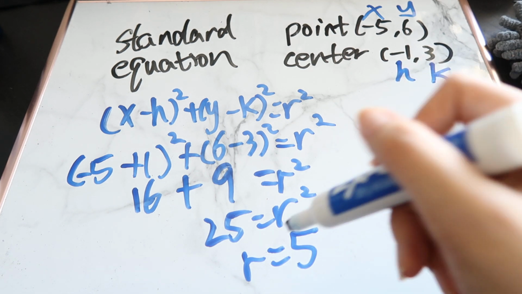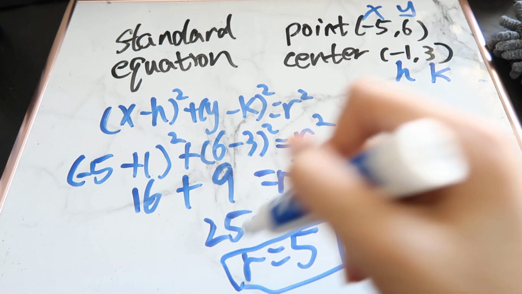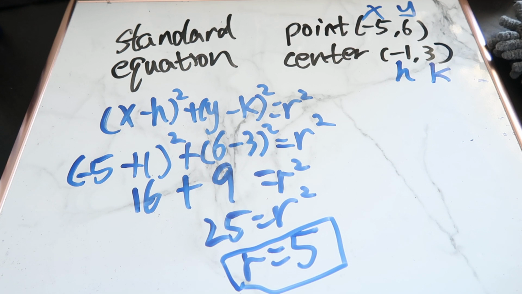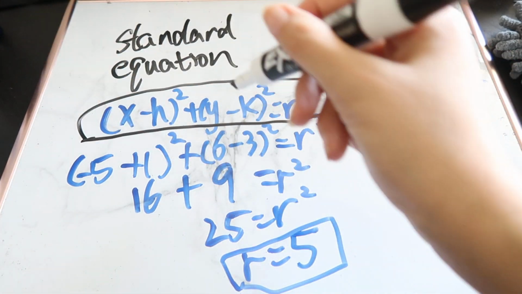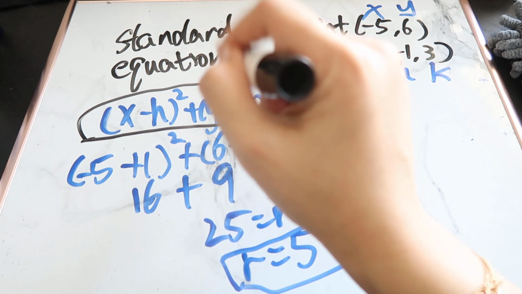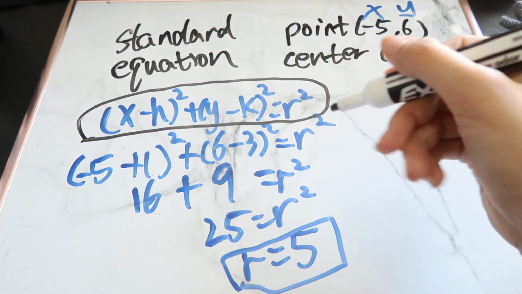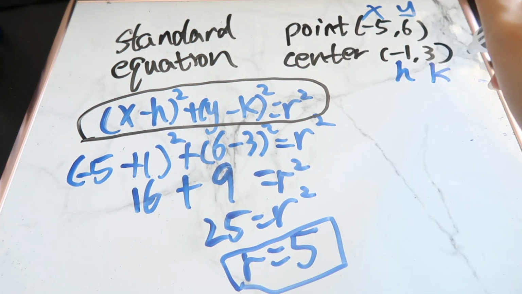So basically here we're trying to find the radius, and after we find the radius, we can plug it back into this formula one more time, but this time we will use our x and y for the equation. In this case, h remains the same, k remains the same.